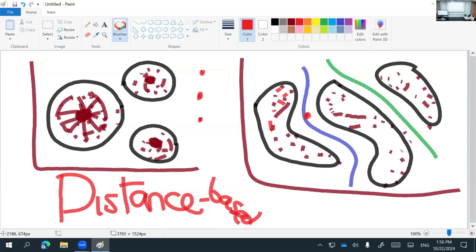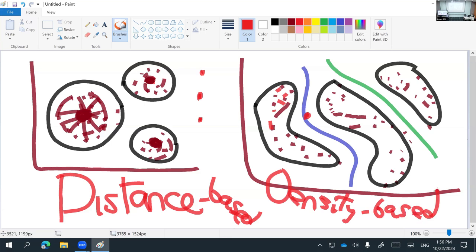We will call this density base. Okay? Call it density base. Right? Now, unfortunately, well, let me tell you what unfortunately is.